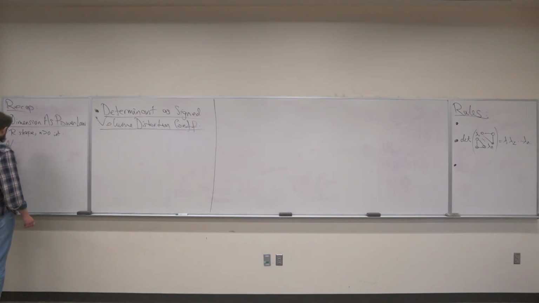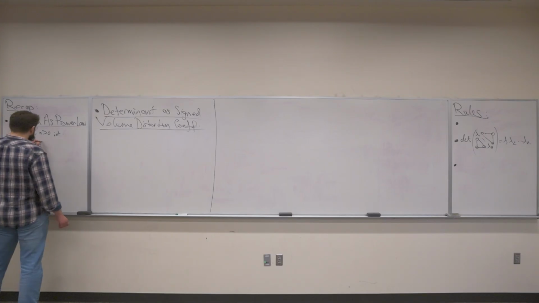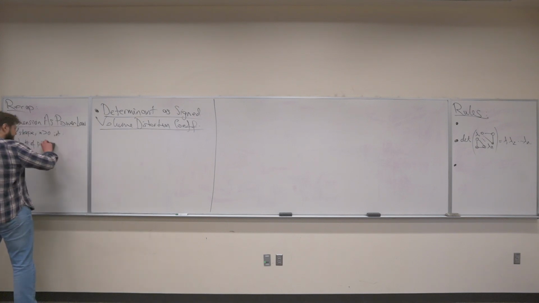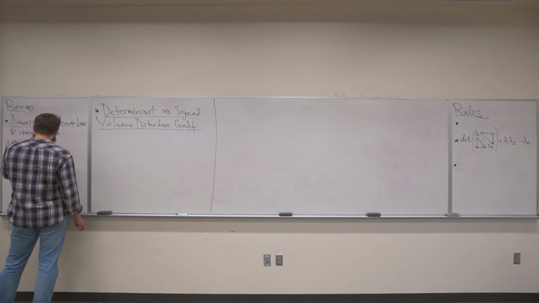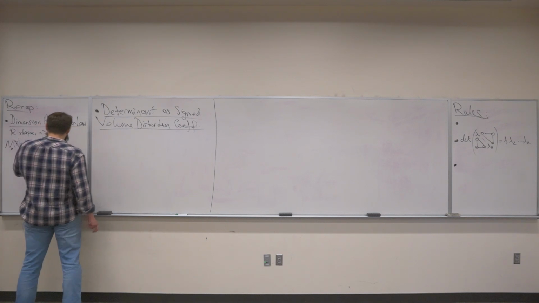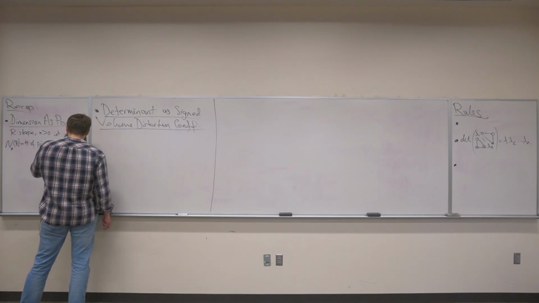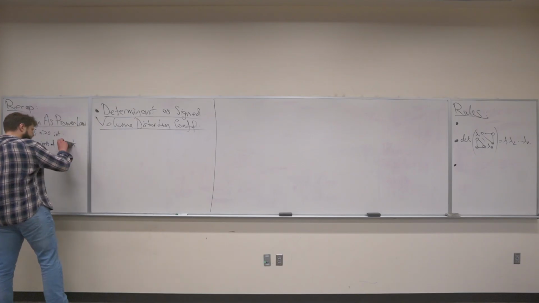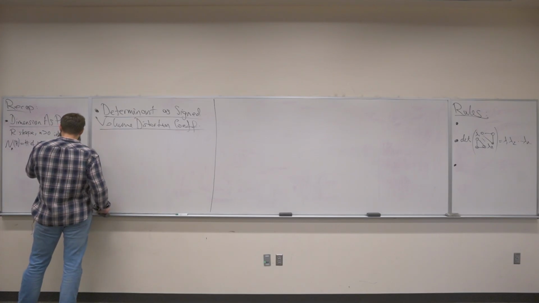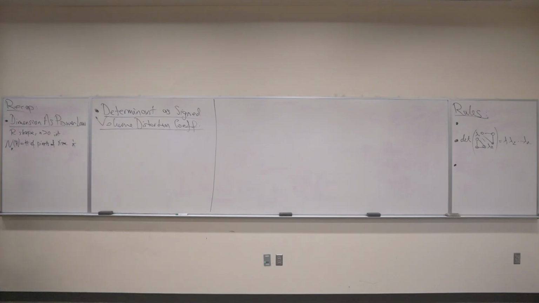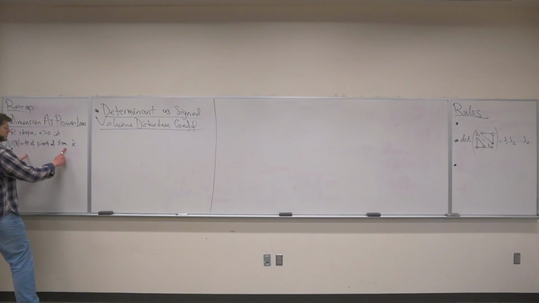So N sub n of R was the number of pixels of size 1 over n needed to cover R. And in fact, I should say minimum number, but you get the point.